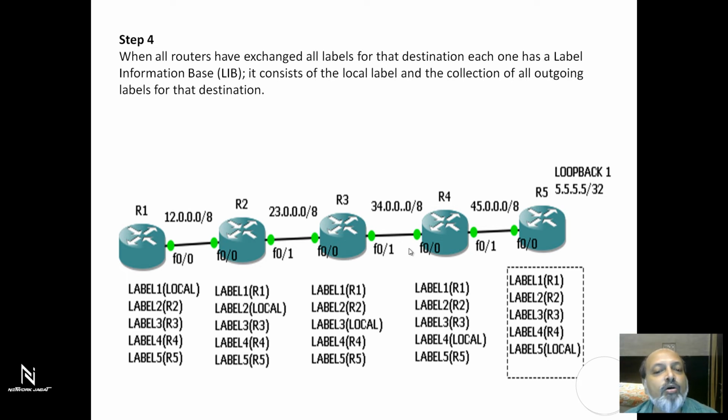They maintain all the LSAs for any particular destination as sent by all routers. Here also, the labels for any particular destination, be it from a nearer router or a further away router, all the labels will be retained. This is a very important point.